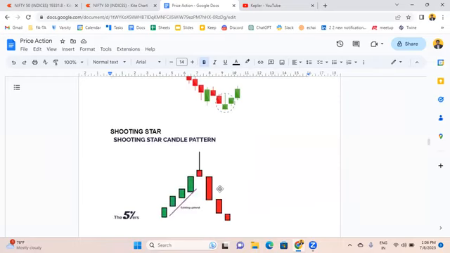The shooting star concept is also similar to a bearish hammer, but the concept over here is the wick is on the upper side and the body is on the downside or lower side. It occurs after an uptrend or after a rally, and if the shooting star occurs, then obviously the market will fall or prices will fall.